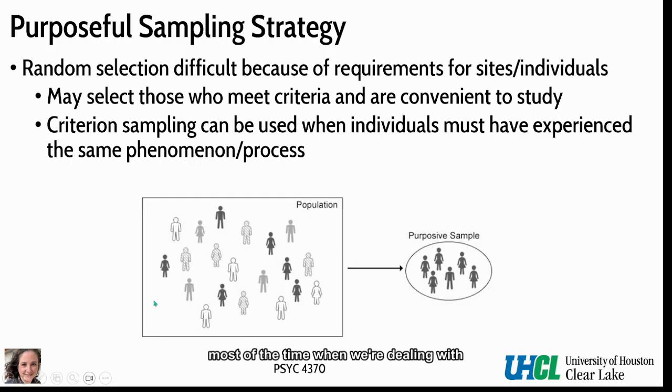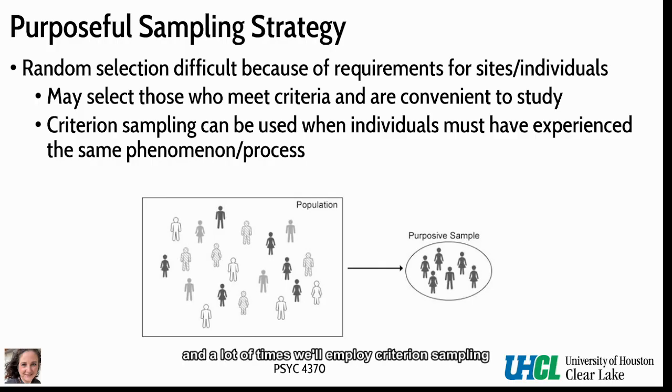Most of the time when we're dealing with qualitative studies, we're going to use a purposeful sampling strategy. It's very difficult to randomly select because you have so many eligibility requirements for that site and those individuals. So you might be only looking at people who meet those criteria and are convenient to your study.